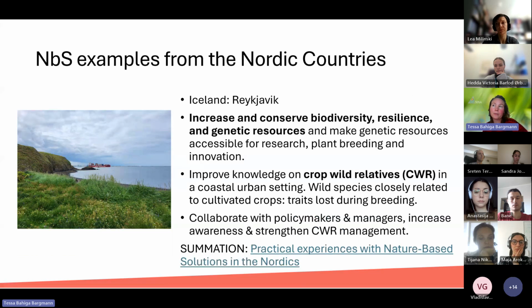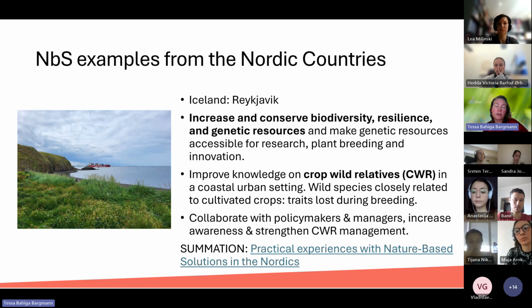And then another example, which I hadn't thought about a lot before at all, was crop wild relatives. The crop wild relatives are species that are closely related to species that we cultivate now. And they're very important to conserve because as climate changes and our world changes in general, maybe the crop species that we have aren't as resilient to warmth or to drought or anything like that.